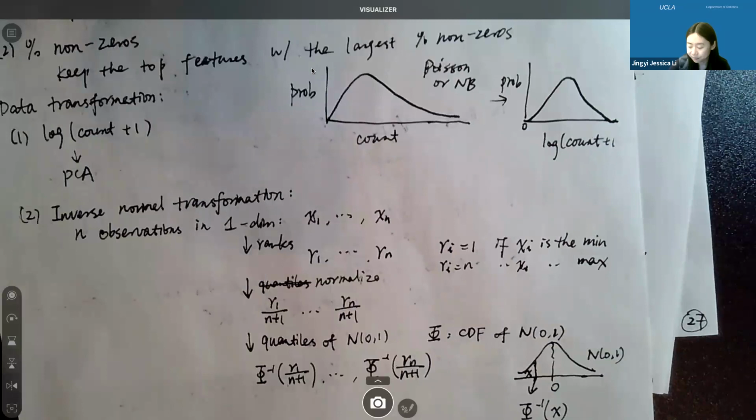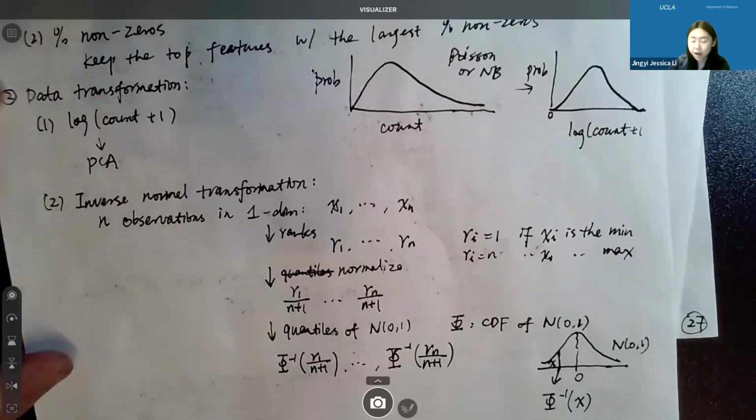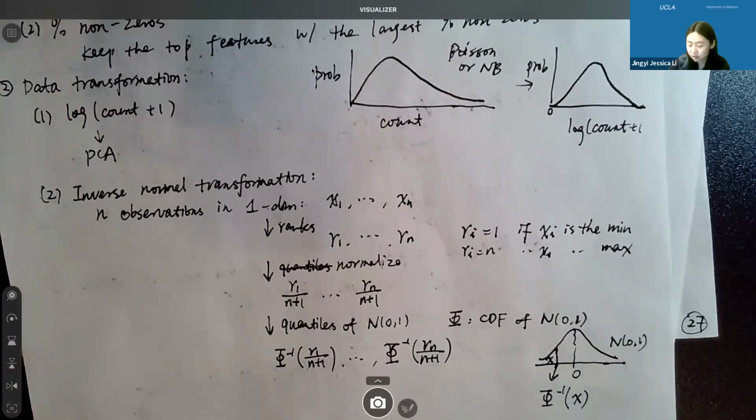So I would say that data transformation is something applied statistics often is concerned about, because sometimes you don't have to develop a model specific for your data.